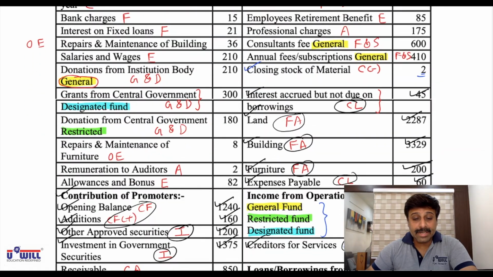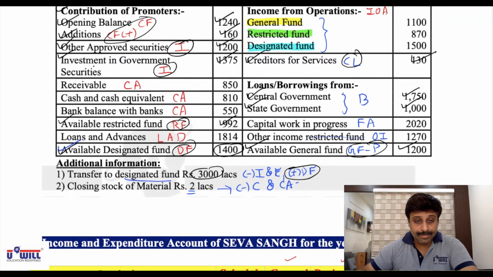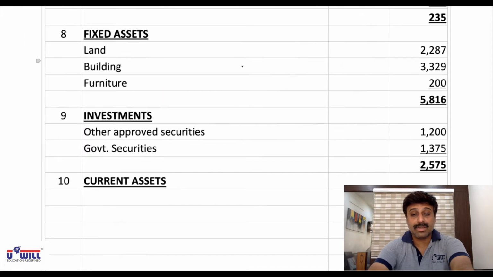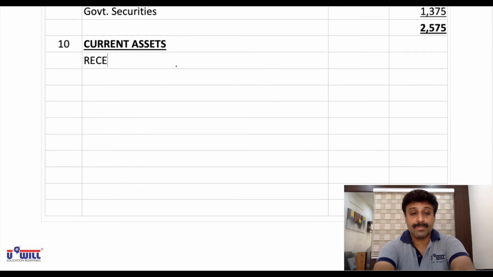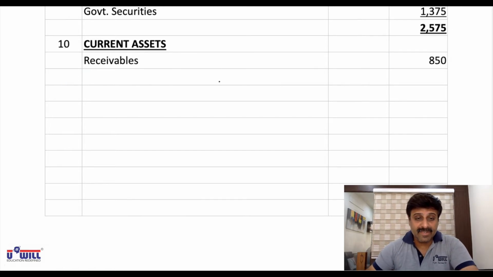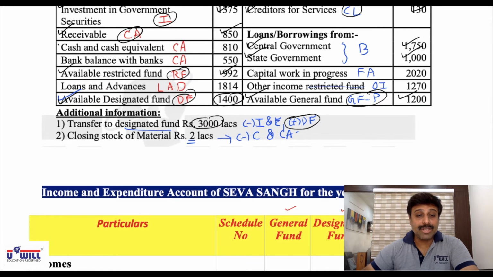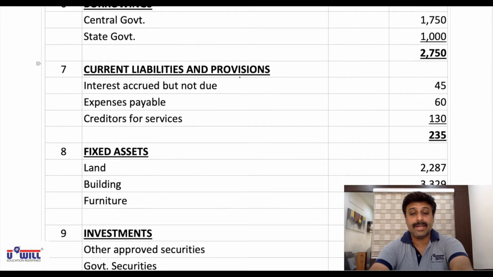On the left side, current assets, we have receivables of 850. Okay, receivables of 850. Then after receivables, we have cash and cash equivalent of 810. So cash and cash equivalent 810.